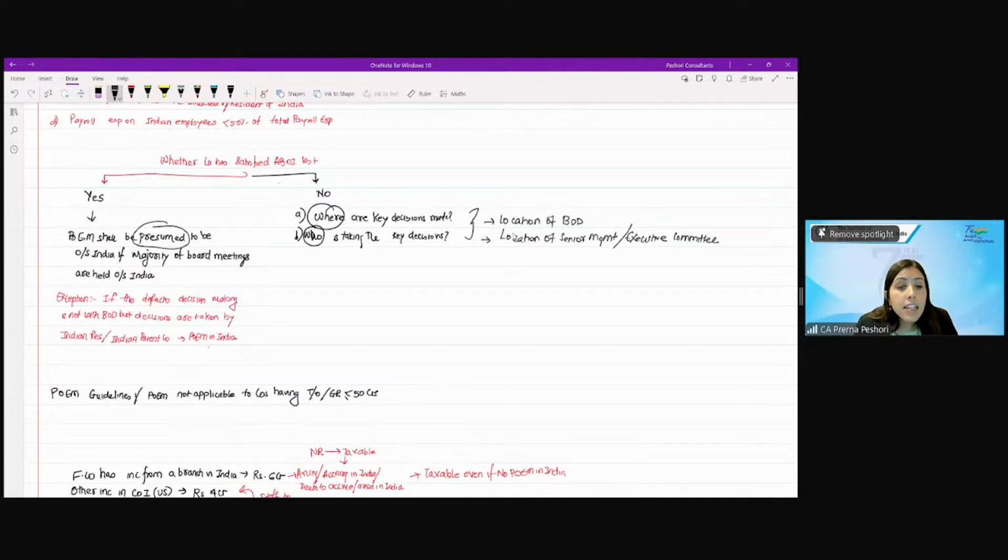In case the shareholders are deciding, then the shareholder, if they are taking the decisions and the board merely ratifies the decision.